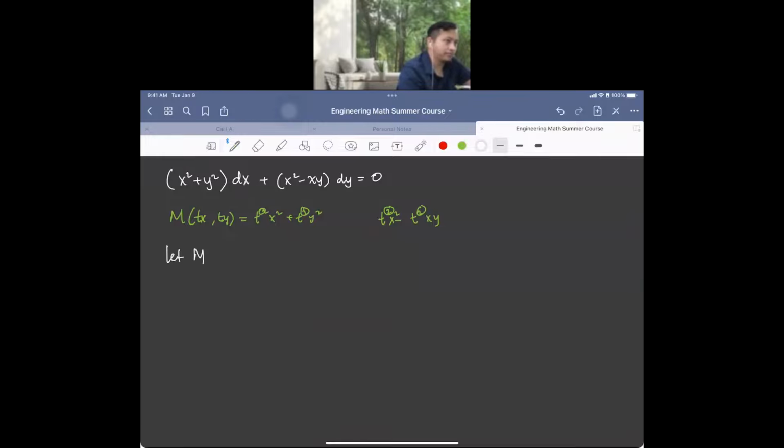So let M(x, y) be x squared plus y squared, and N be x squared minus xy. Let's substitute y equals ux, and we have dy becomes u dx plus x du.